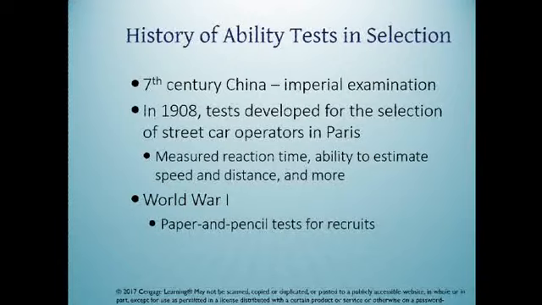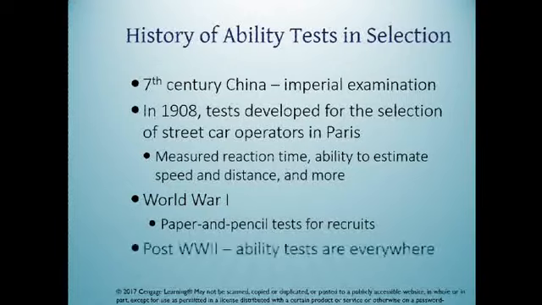Ability testing and selection really began to boom through the World Wars. In the US, they developed what they called the Army Alpha test, which is a paper and pencil intelligence test that they used to select or reject Army recruits.